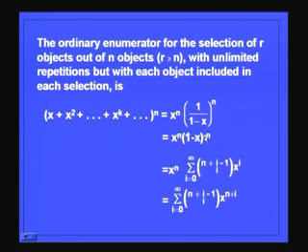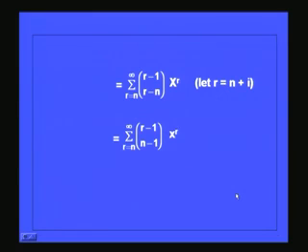So, if you put n plus i equal to r, the previous equation becomes x power r, but instead of saying i equal to 0 to infinity, you can say r equal to n to infinity.